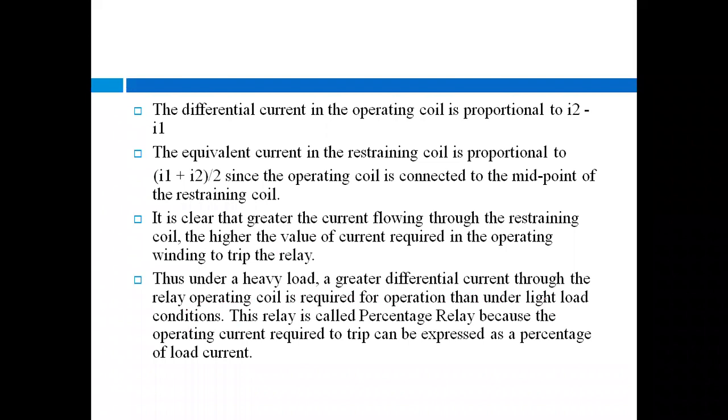This relay is called a percentage relay because the operating current required to trip can be expressed as a percentage of load. Therefore, it is called the percentage differential relay.